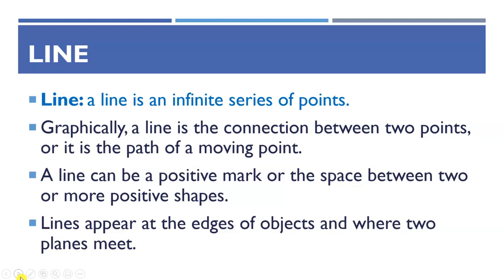So you have to pay attention, and that is what is meant by negative space between positive shapes. The positive shapes would be those 2 squares, and the area between them is a negative space that forms a line. Lines also appear at the edges of objects where 2 planes meet. Alright, and you can understand this fairly well.